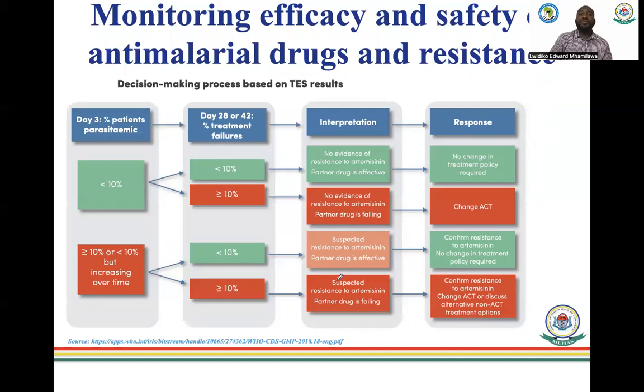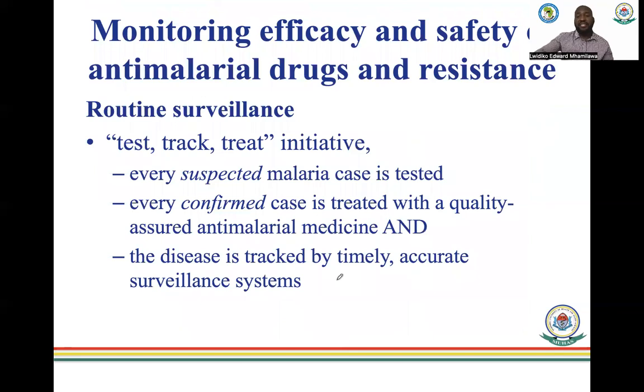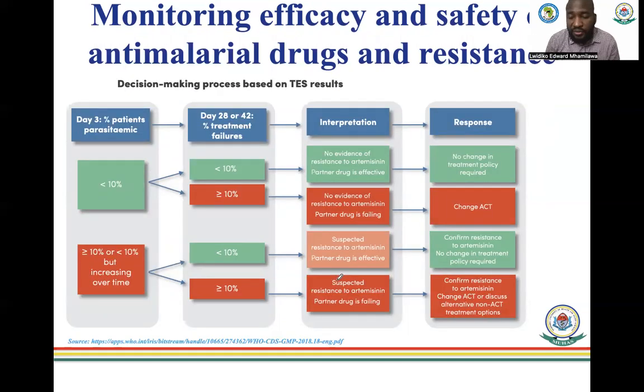And when it comes to therapeutic efficacy studies, these are very important studies that are usually done every 2 years to check that the drug, artemisinin-based combination therapy, is still efficacious. And this is a workflow of how decisions are made from the results of the therapeutic efficacy studies.